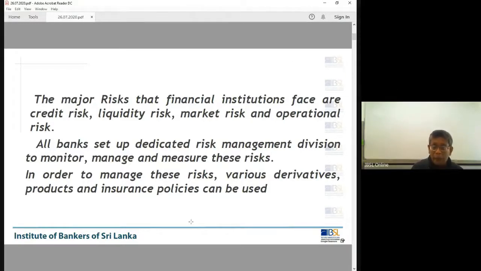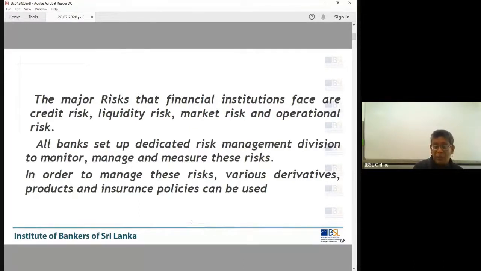Okay, now all banks have a separate division called the risk management division, and according to the central bank, you must have a person called chief risk officer or chief risk manager, at the top level of the hierarchy. Remember, they are the people who monitor, manage, and measure the risk.